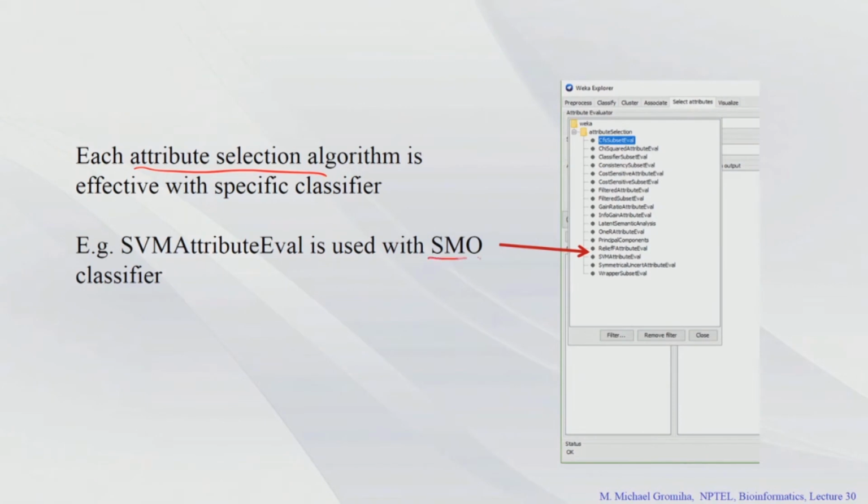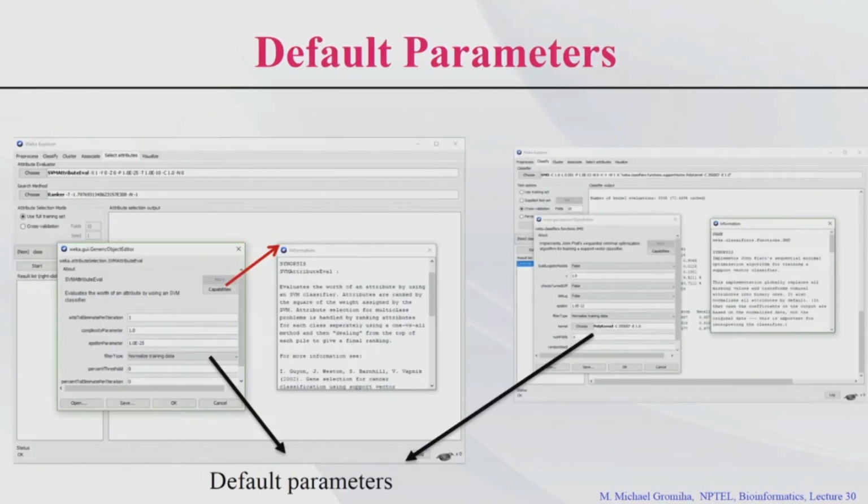For example, if you take support vector machines, they use the SVM attribute evaluator, which is here, to optimize these different features. If you do this, there are various options you can give. Here you can see the SVM attribute evaluator. What are the various capabilities?